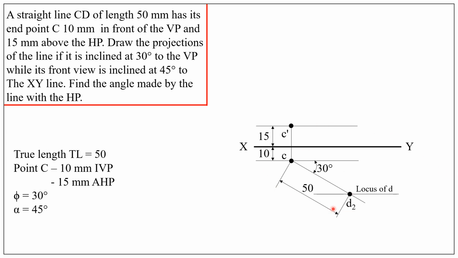Draw the front view corresponding to the top view of CD2. Just draw a projector from D2 and draw a horizontal from C dash, and it meets that horizontal line at D2 dash. So C dash D2 dash is the front view corresponding to the top view CD2. Remember, we assumed the line is parallel to HP while drawing this top view, and hence in the front view C dash and D2 dash are at equal height above the XY line.